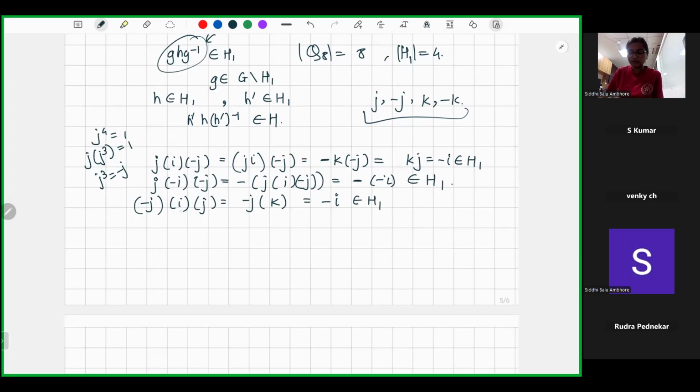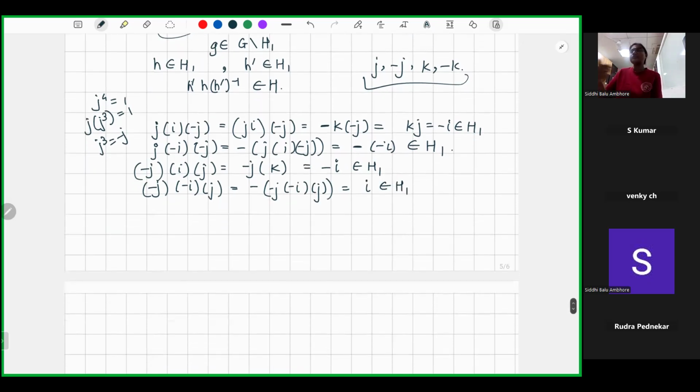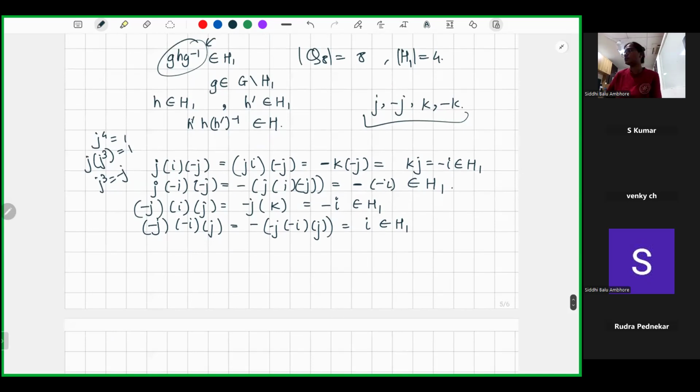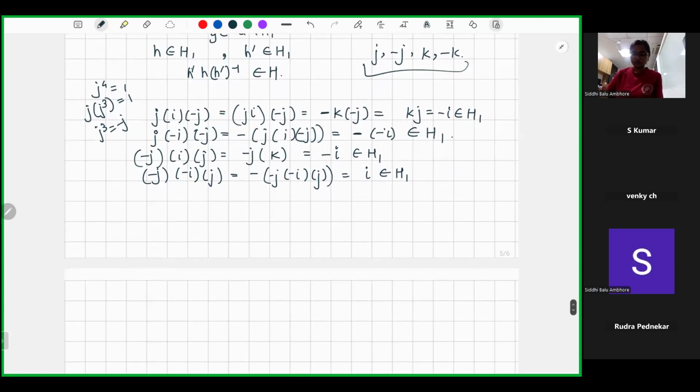And similarly, if I take here minus I instead of I, then again minus comes out here, minus J, minus I, and J, I will get I in H1. Similarly, you can check for these other two elements. Do you want me to check or is it okay? I think you got the idea how to do it.